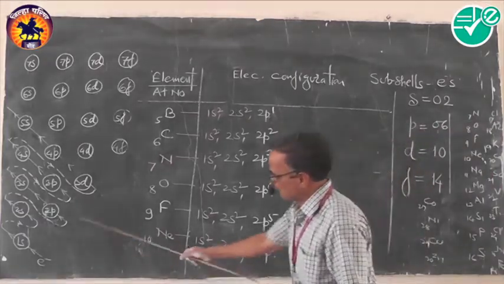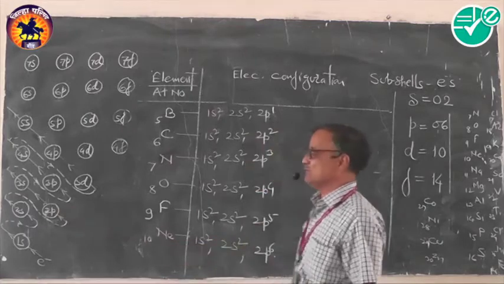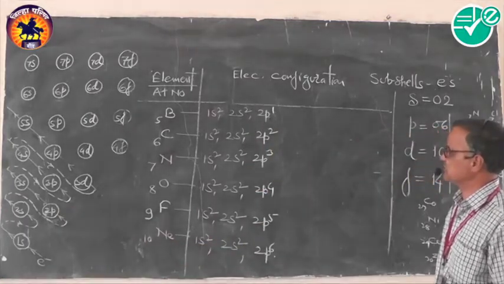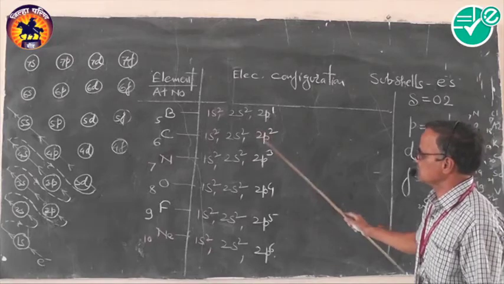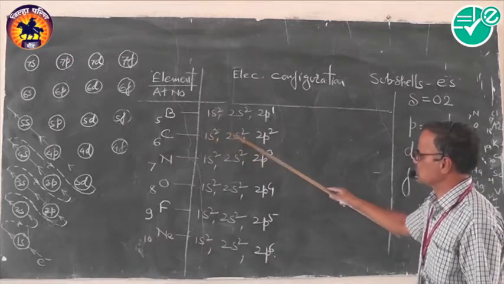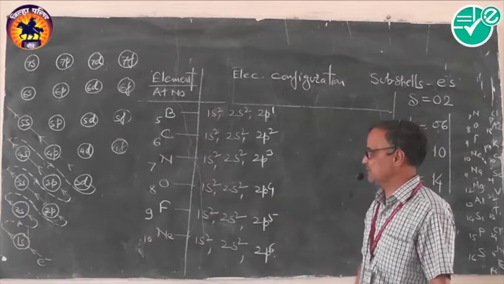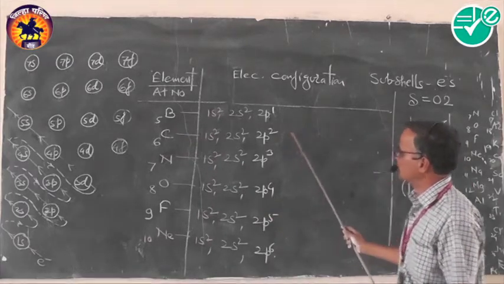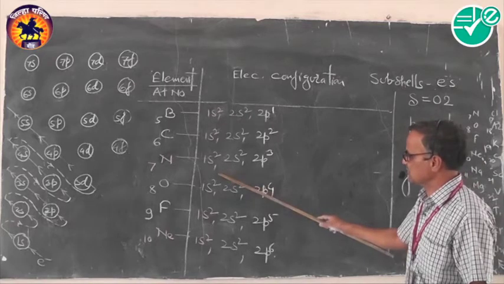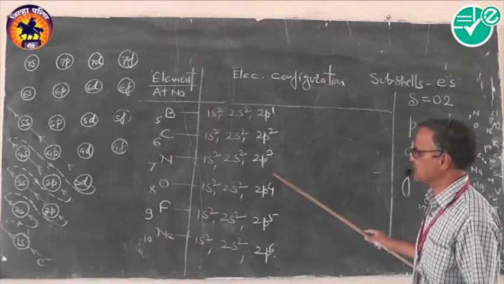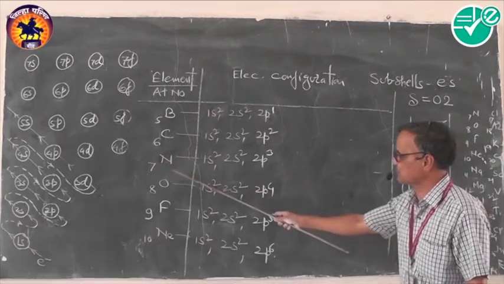Now again electrons are added in the 2p subshell. Therefore for the 6th electron, 1s2 2s2 2p2 will be the electronic configuration of carbon. Now again an electron is added, so 1s2 2s2 2p3 will be the electronic configuration of nitrogen.